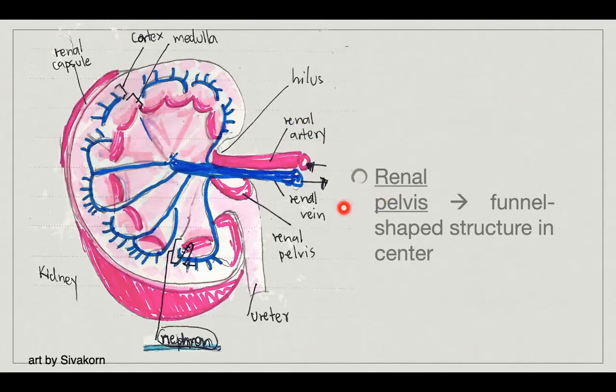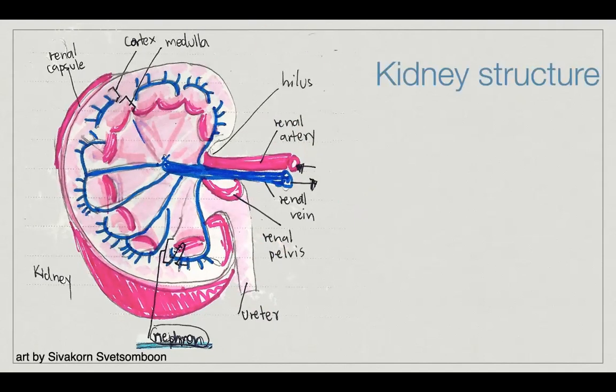The renal pelvis is where the urine is dumped, and that leads to the ureter. Each kidney has one ureter that leads to the urinary bladder. When that gets full and the walls of the urinary bladder are distended or stretched, we feel the need to pee. So that whole thing is the kidney complex.